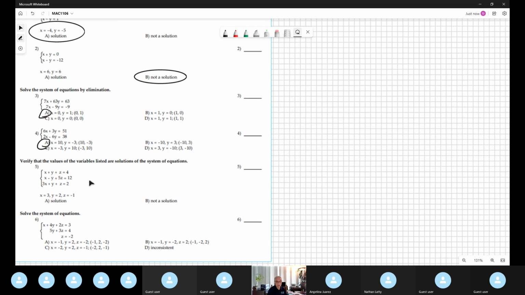It's too long. So verifying is easier than solving. You take the potential solution. We are doing number 5, guys. Which is x equals 3, y equals 2, and z equals negative 1, and you evaluate one equation at a time.